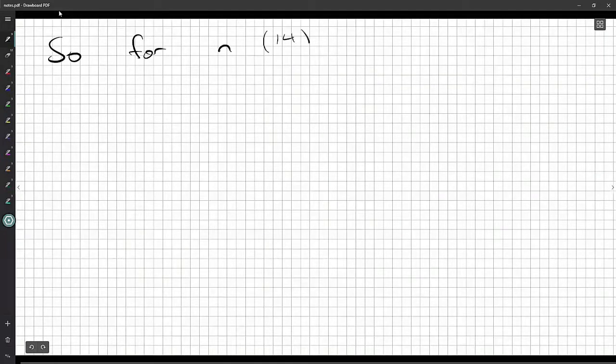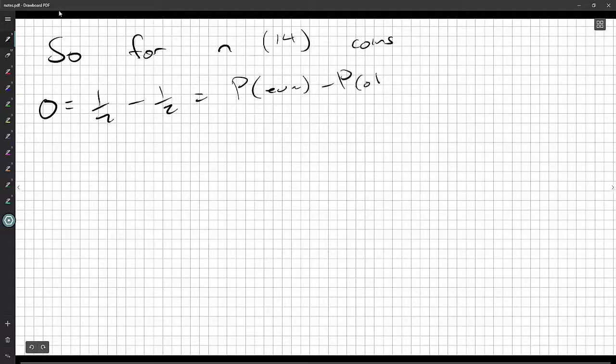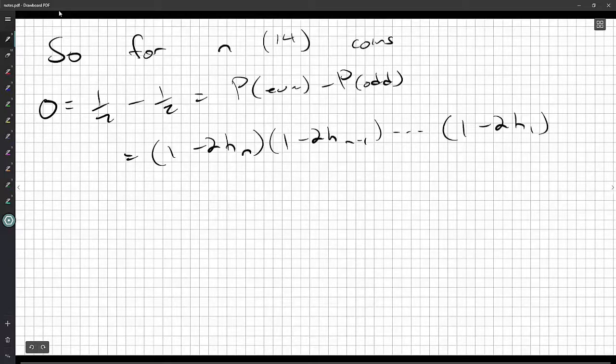So for n, or particularly for this question, although they don't really care if you do general versions and then say at the end, just let n equal 14. That's why I like doing general cases. But for n coins, we see that 0 is 1/2 minus 1/2, probability of even minus probability of odd, is 1 minus 2hn, 1 minus 2hn minus 1, all the way down to 1 minus 2h1.